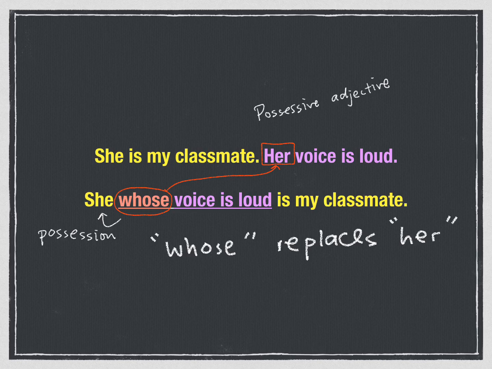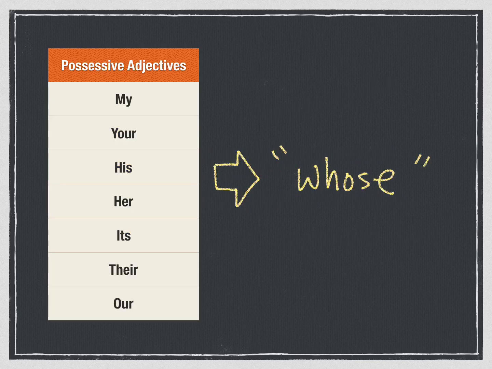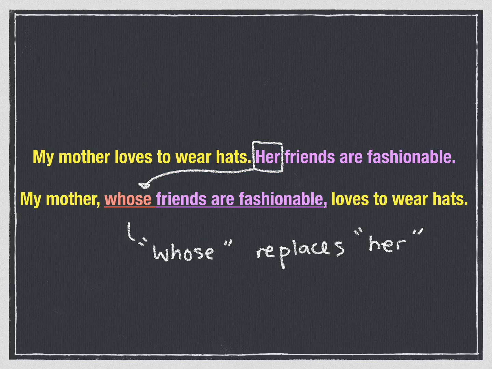So we know it is the possession of she, the noun, the subject. So whenever you see these possessive adjectives in a sentence, my, your, his, her, its, their, our, and you need to find a WH word to replace these possessive adjectives in a relative clause, then we'll choose whose.